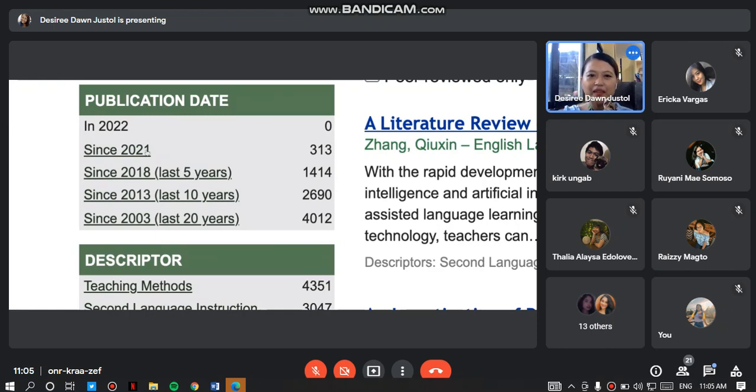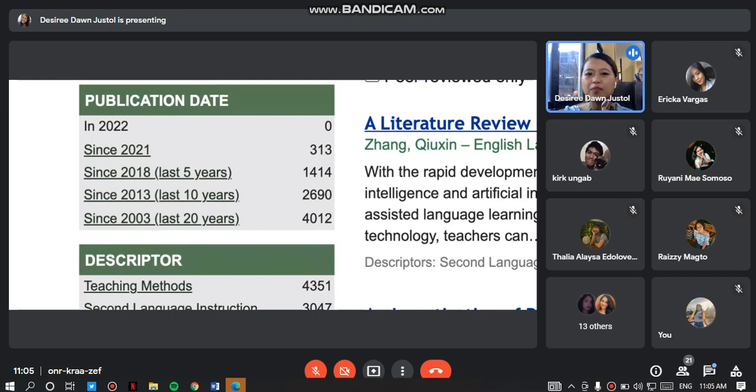Okay, so here, there is nothing published in 2022. Since 2021, in the whole year 2021, there are 313 relevant researches about that in the last 5 years. Some of the resources were actually from as far back as 1990.